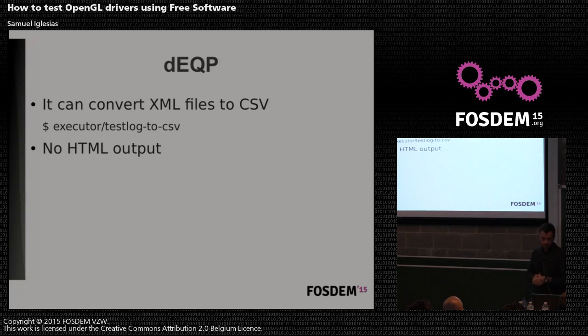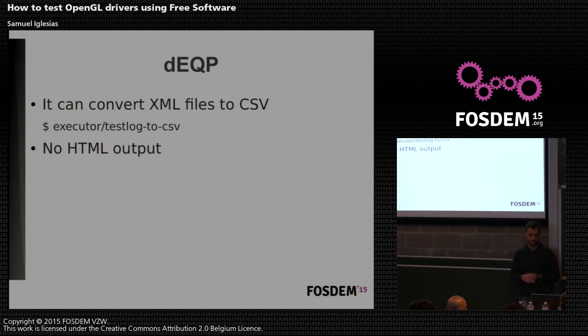The XML files are sometimes not so easy to read. If you have a lot of them, you need to parse them to check which tests actually failed. There are some conversion tools.